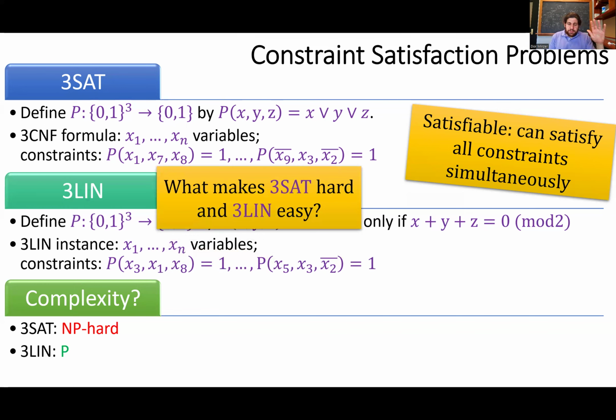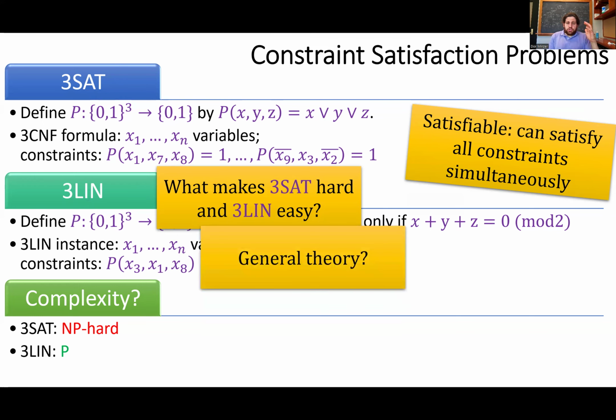So very broadly speaking, what we're trying to do in this work, and in general in this line of works, is understand what makes 3-SAT hard while making 3-LIN easy. More generally, it doesn't quite make sense to ask this question because 3-SAT and 3-LIN are very concrete things, so you can come up with a whole bunch of reasons for that.